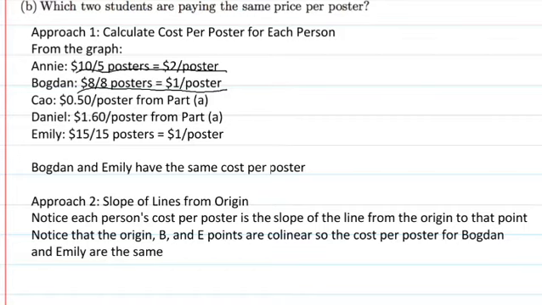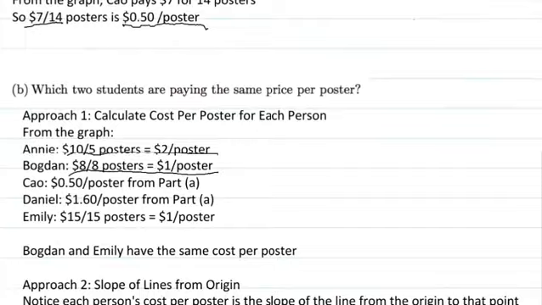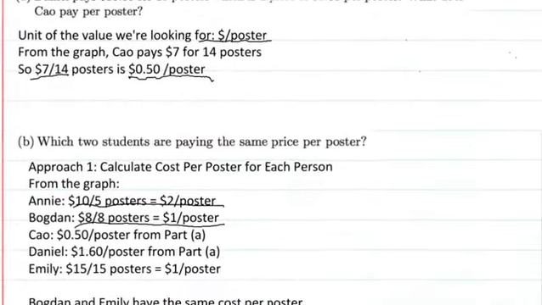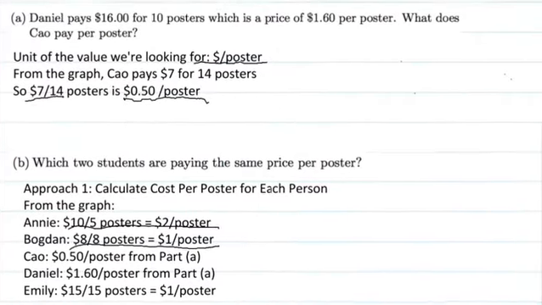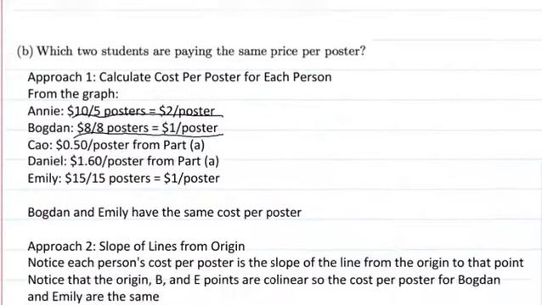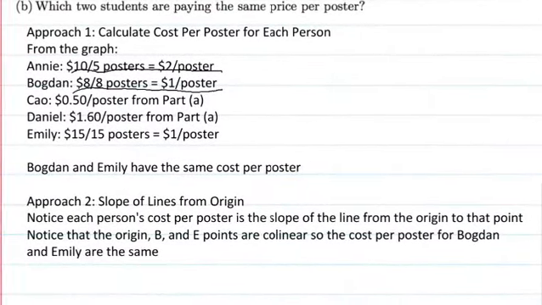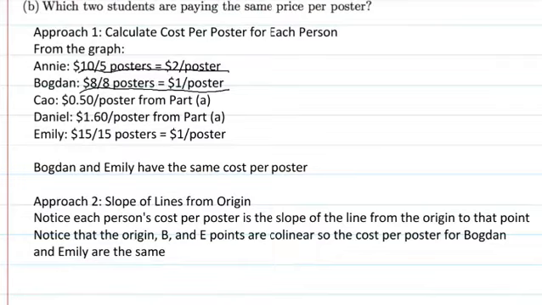Tao, we know that Tao pays 50 cents per poster because that's what we calculated in part A. And for Daniel, we know Daniel pays $1.60 per poster because we're given that also in part A. And lastly, for Emily, we need to look at the graph again.